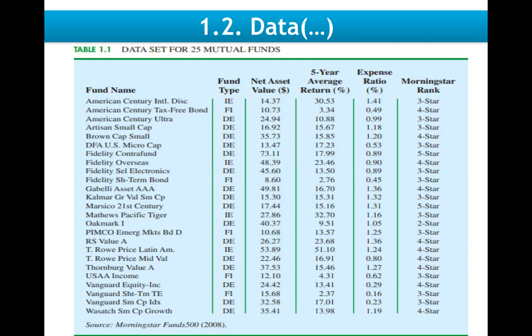In cases where the scale of measurement is nominal, sometimes a numeric code as well as numeric labels may be used. For example, to facilitate data collection and to prepare the data for entry in a computer database, we might use a numeric code by letting 1 denote domestic equity, 2 denote international equity, and 3 denote fixed income.